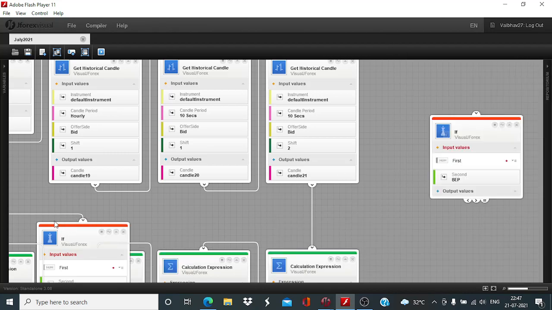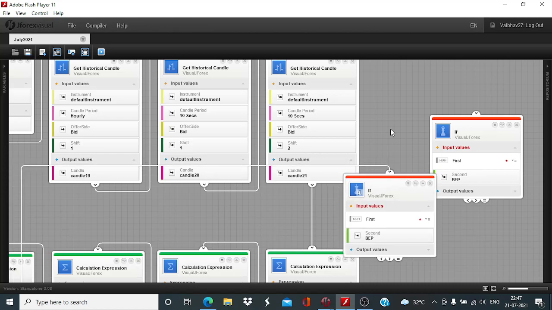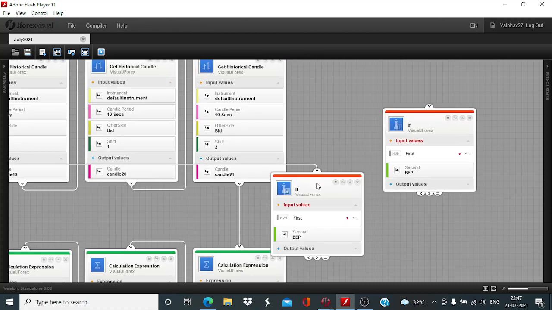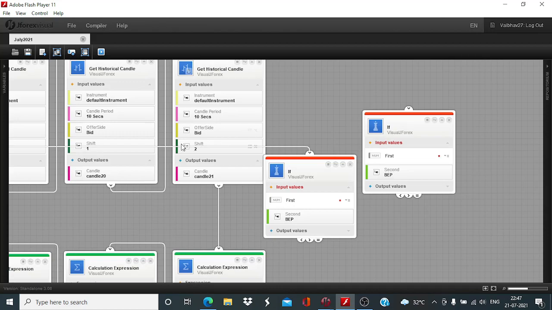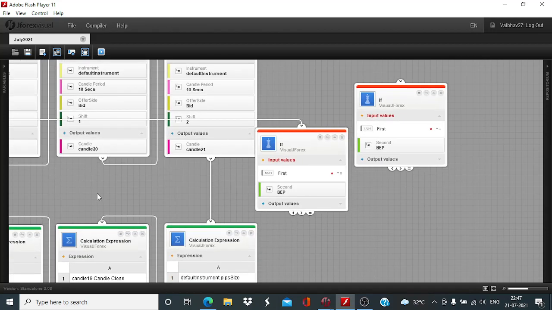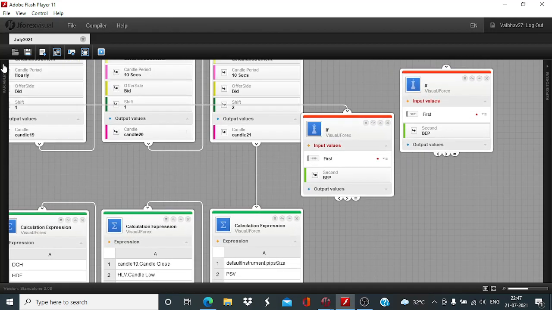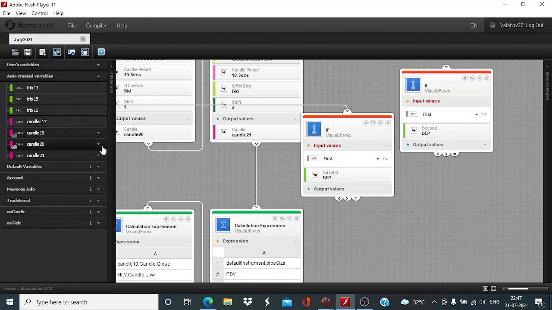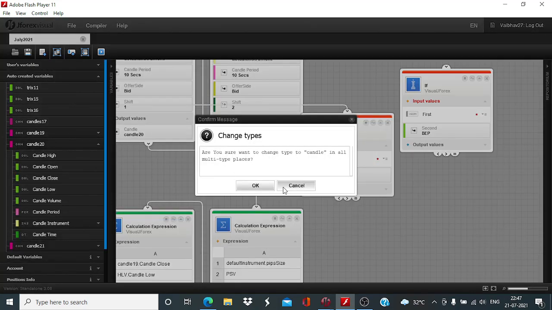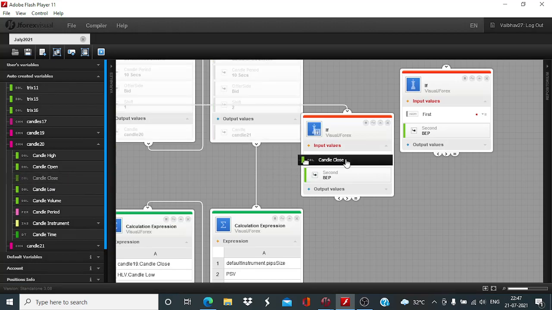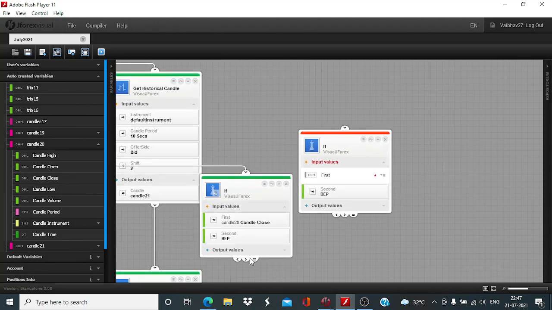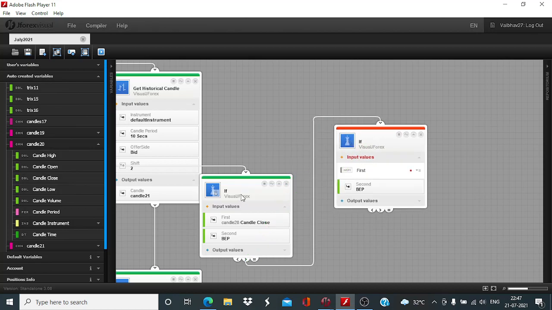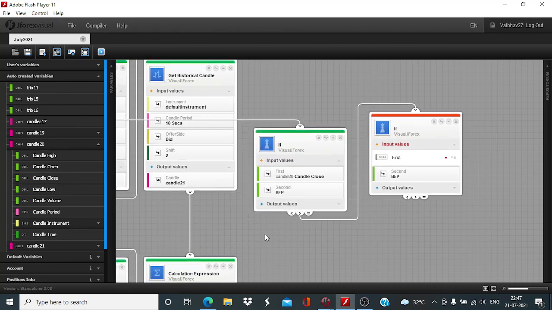Candle 20, which has a look back period of 1, it should close higher, whereas candle 21 should have closed lower as it has a look back period of 2. So we take candle 20 candle close, first input greater than second input, candle 20 candle close greater than second input.